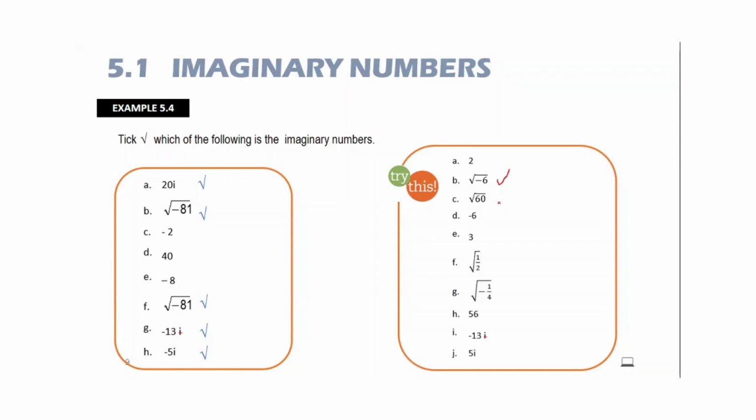Square root of 60, no. Negative 6, no. 3, no. Square root of 1 over 2, no. Square root of negative 1 over is imaginary number. 56, no. Negative 13i, yes. 5i, yes. Ada i ataupun ada square root of negative 1 is imaginary number. So this is answer B, G, I, G.